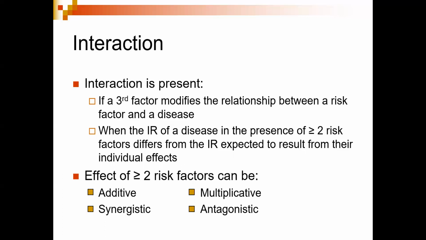The presence of two risk factors, as you can see in the last slide, instead of attenuating the relationship, can be additive, which means they are now producing a strong association.